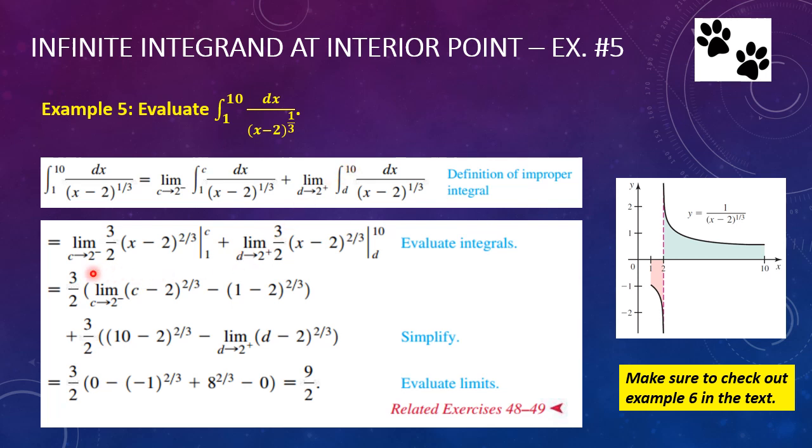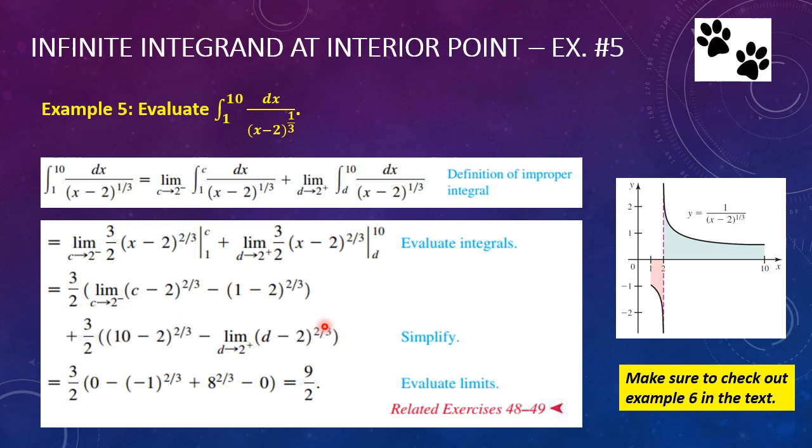So here, the integral of 1 over (x minus 2) to the 1/3 is 3/2 (x minus 2) to the 2/3. This is a simple power rule with substitution, evaluated from 1 to c. Plus the integral as d goes to positive 2 of that same indefinite integral from d to 10.